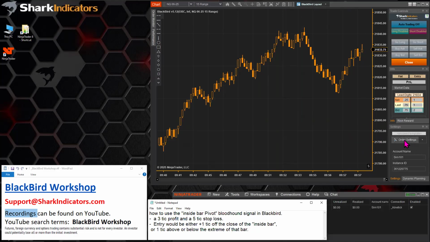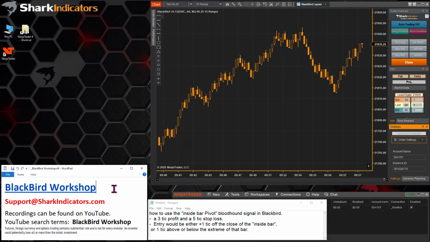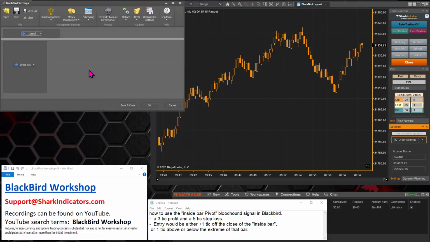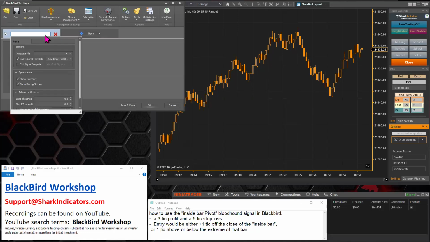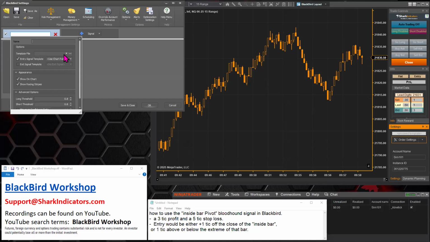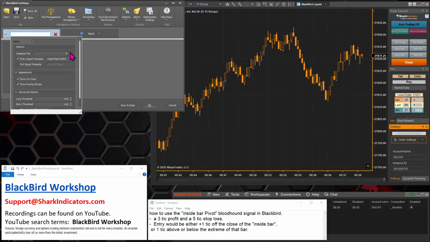All right, let's get Blackbird open. First thing I'll do is pull in the Bloodhound signals. We'll click on this again to open it up. First we need to load in the Bloodhound template file, so that's what the little ellipses button does.